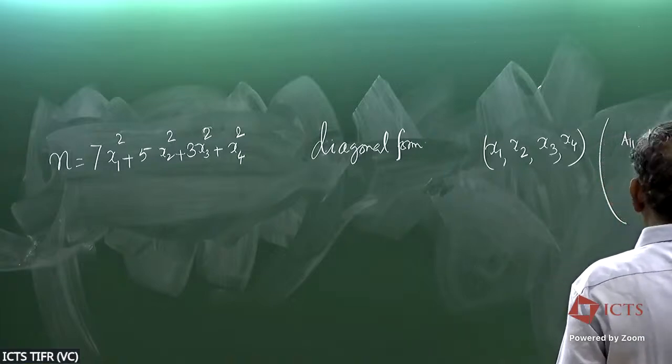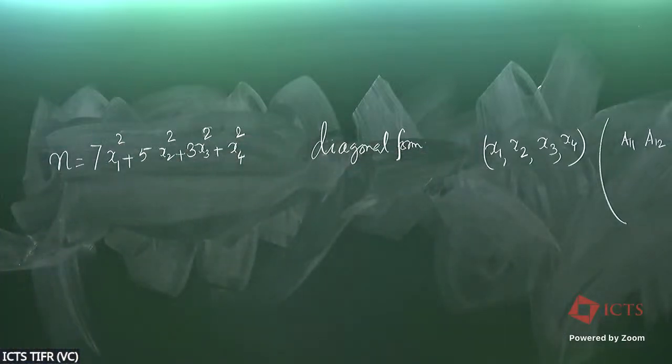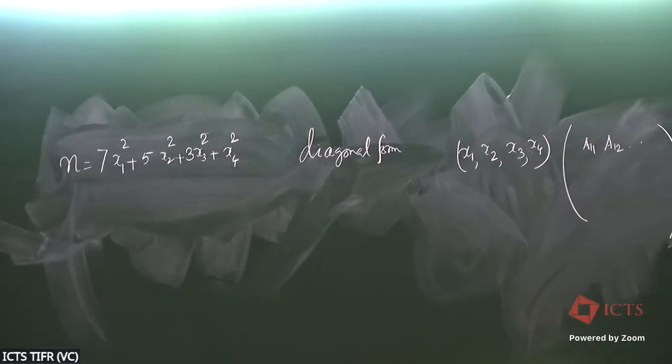Therefore, you have this vector x, which is x1, x2, x3, x4. And you take the transpose of that and multiply by a matrix and then by the vector. Any quadratic form will look like that. Is it okay?